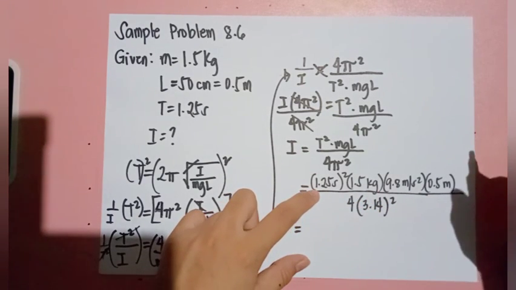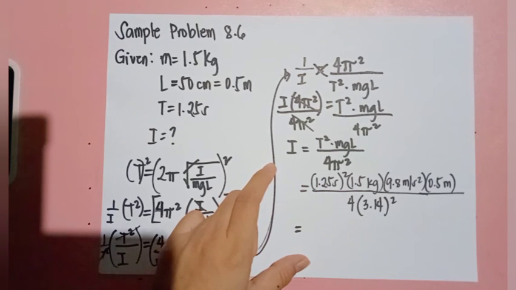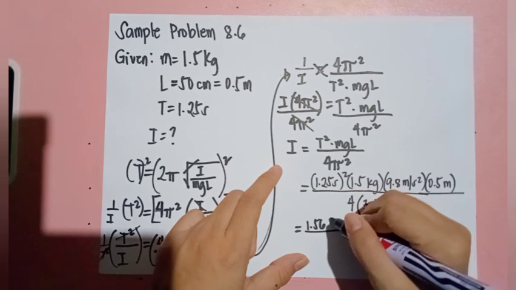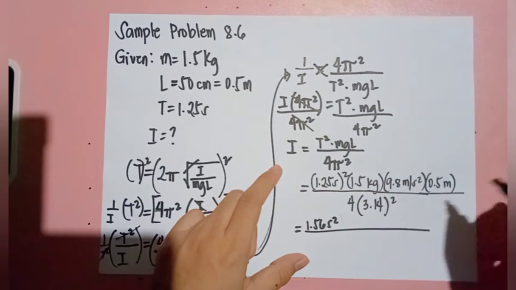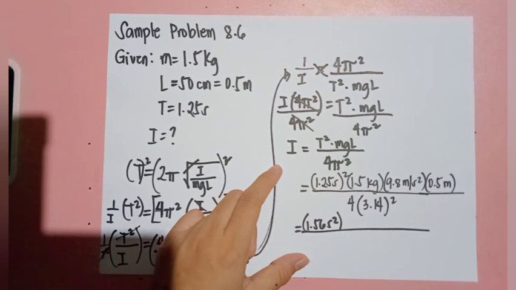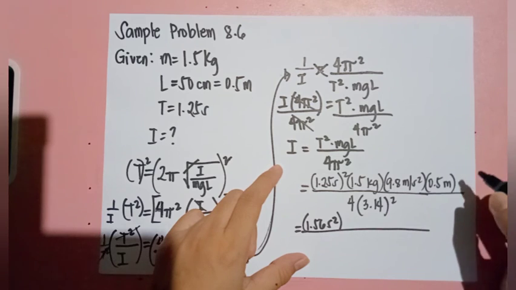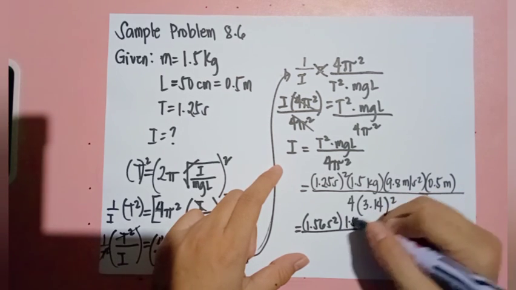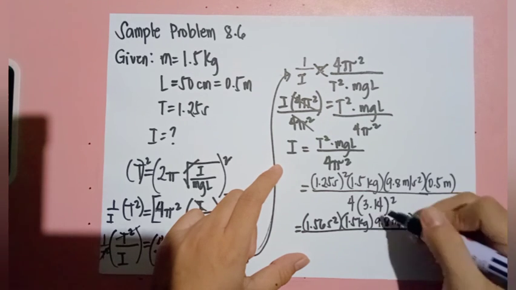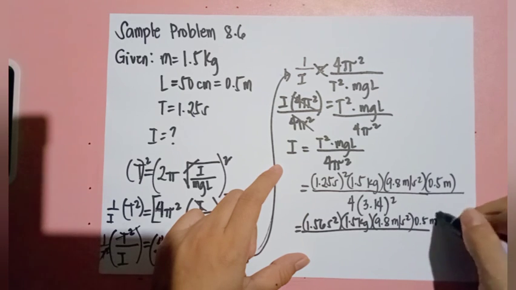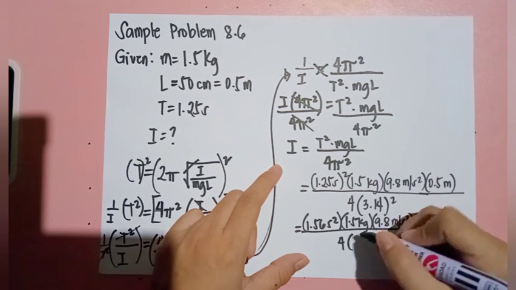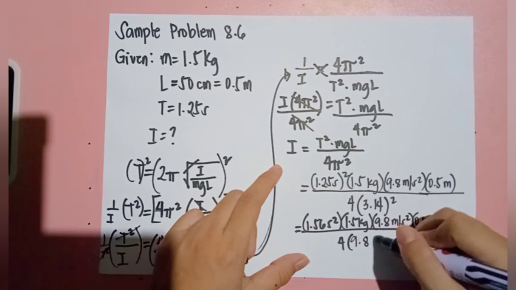The square of 1.25 is 1.56. And then the square of 3.14 is 9.86.